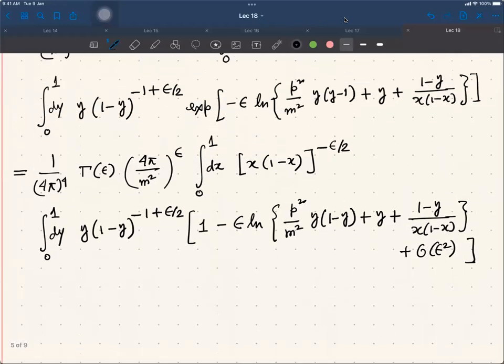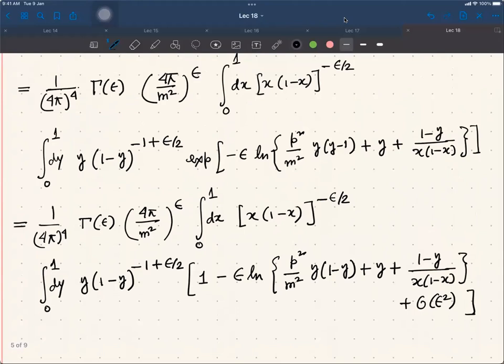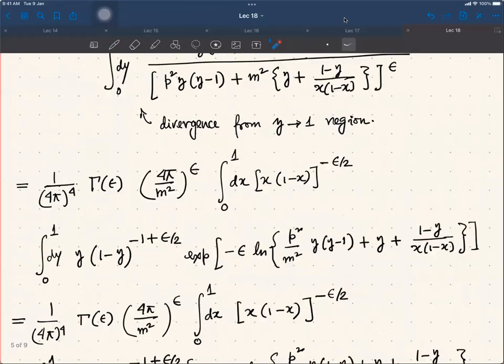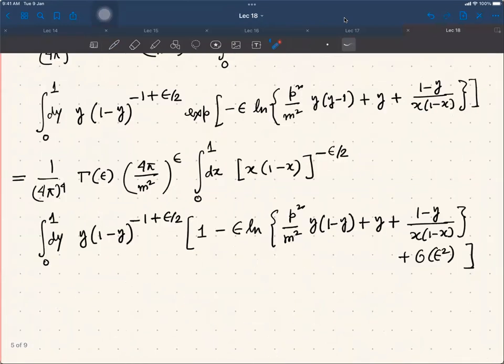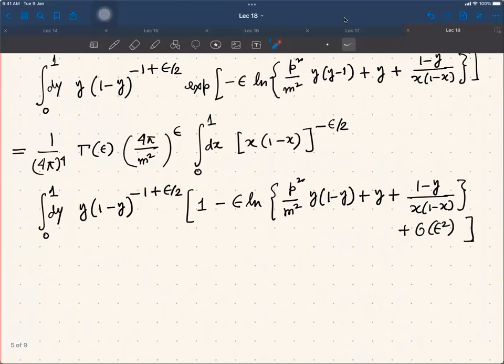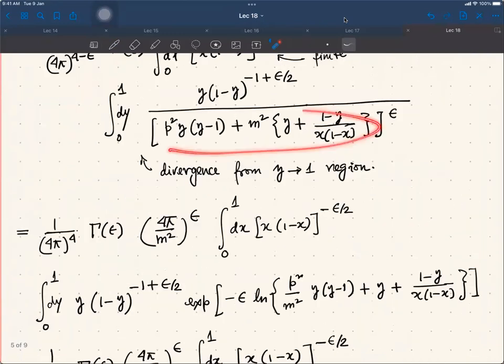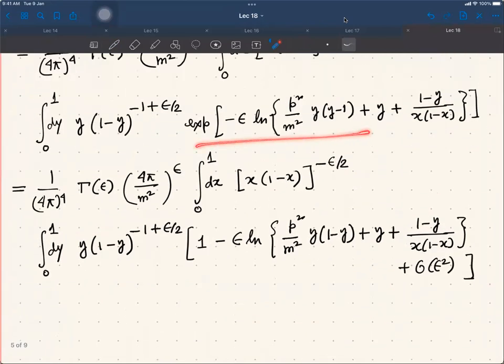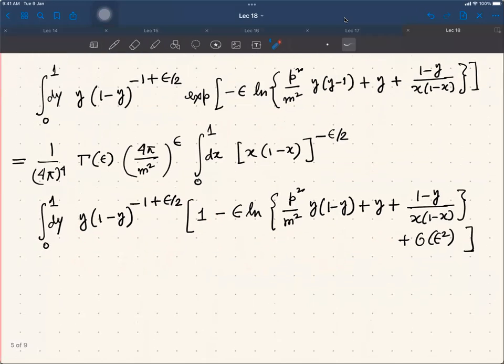So now we can see the divergence coming from the y integral, from the y going to 1 region, in the limit epsilon going to 0, that we noticed here, that we can see here again. Now we have expanded it in a power series of epsilon. So this first term in the exponential, this exponential has been expanded here. The first term, which is 1 multiplying this, has a divergence from the y going to 1 region.